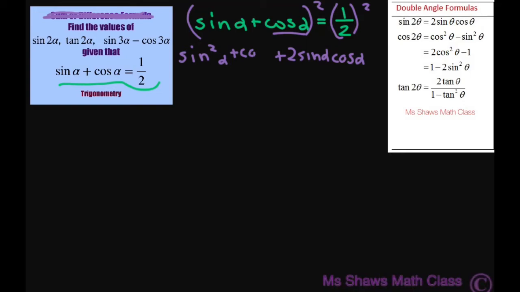I left some room so I could rearrange this, because we know that sine squared of alpha plus cosine squared of alpha equals 1. So I just rearranged it. And then we have plus 1 equals 1/4.